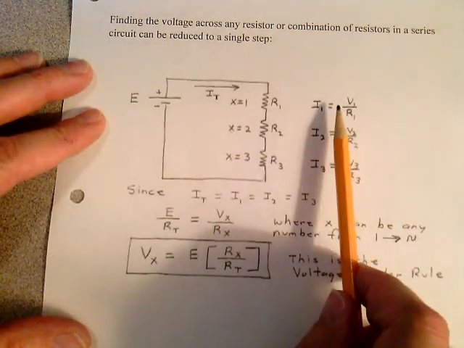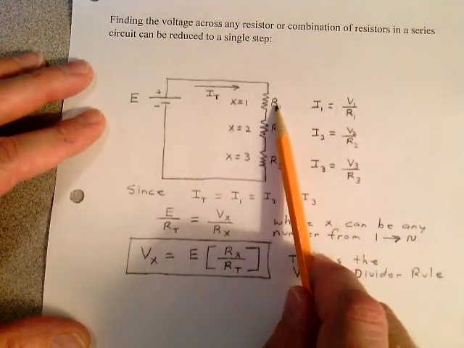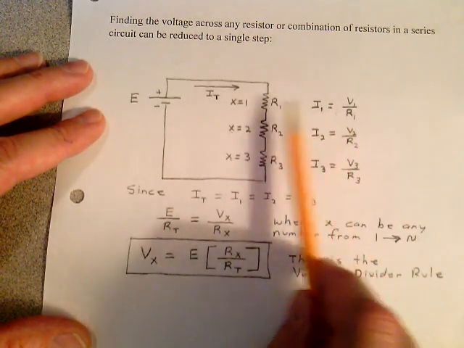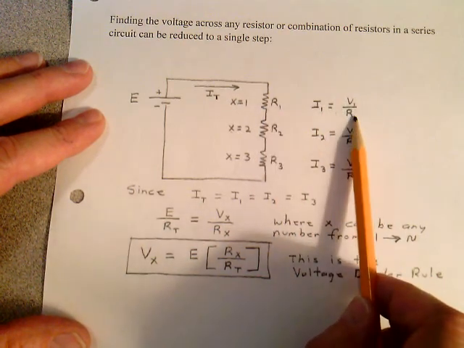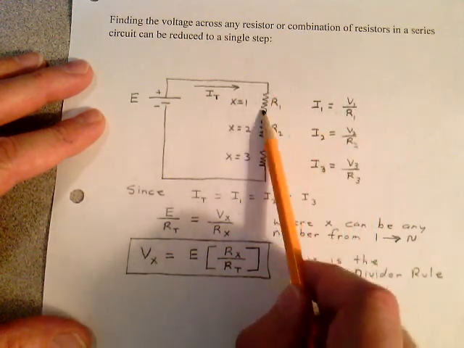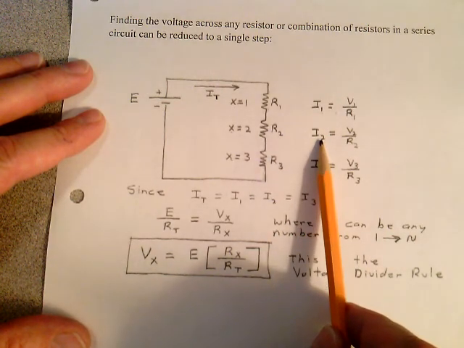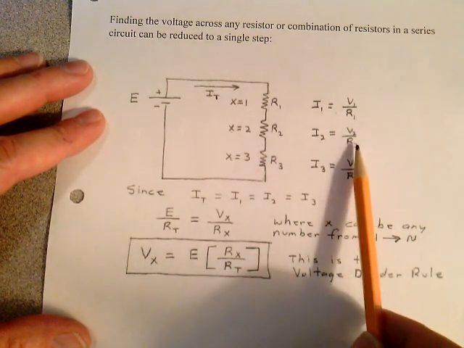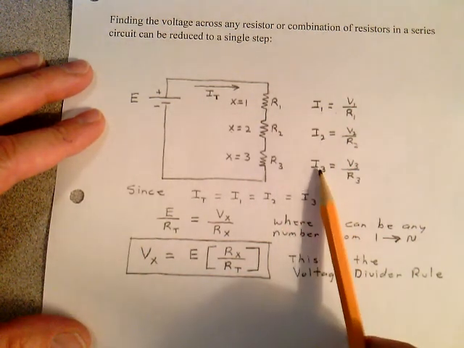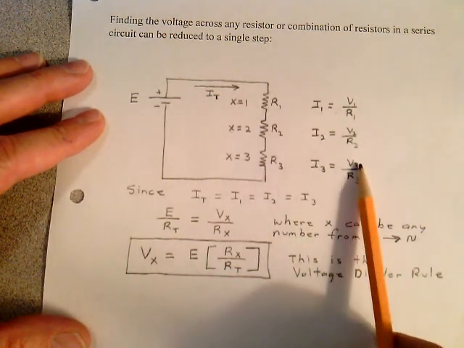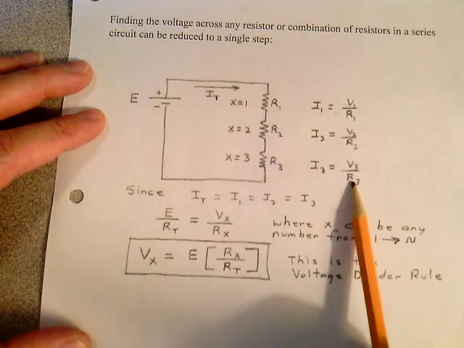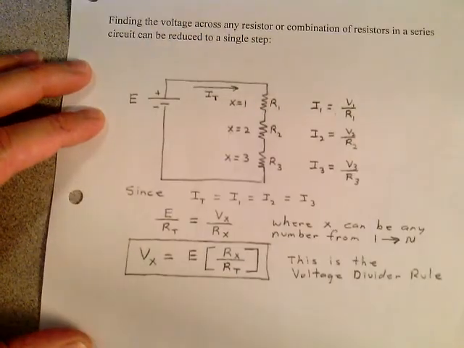The corresponding current through R1, the current I1, is V1 over R1, assuming you know the voltage V1. The current through R2 is the voltage across R2 divided by resistor R2, and the current through R3 is the voltage across R3 divided by R3.